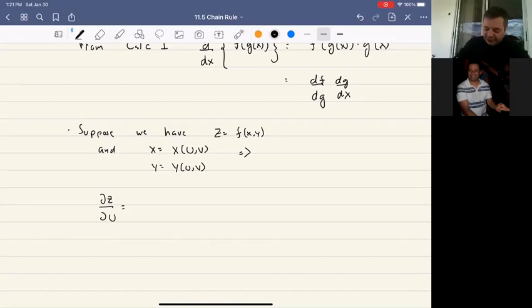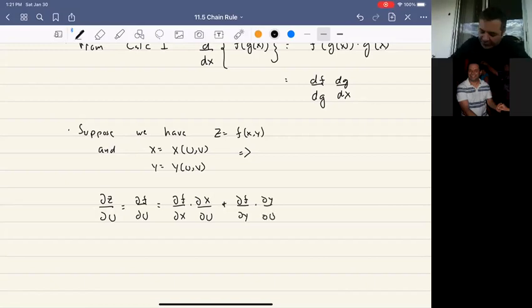So z remembers f. I could also say it's the partial of f with respect to u, which is the partial of f with respect to x times the partial of x with respect to u, plus the partial of f with respect to y times the partial of y with respect to u.